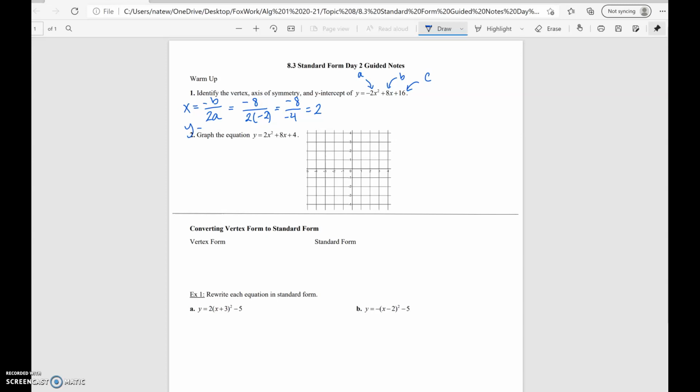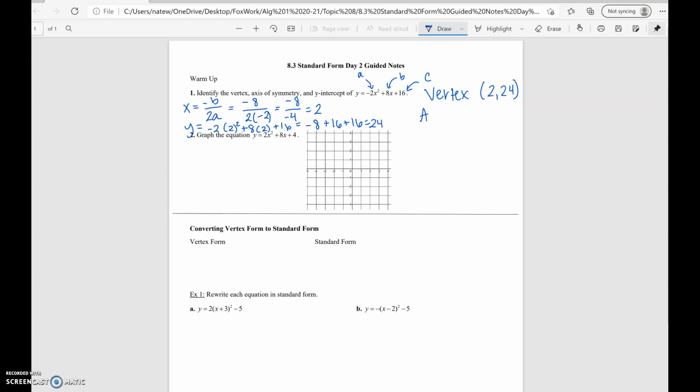So y equals negative 2 times 2 squared plus 8 times 2 plus 16. 2 squared is 4, times negative 2 gives us negative 8, and then we add 16 and we add 16 again. So that gives us 24. So our vertex for this one is at 2, 24.